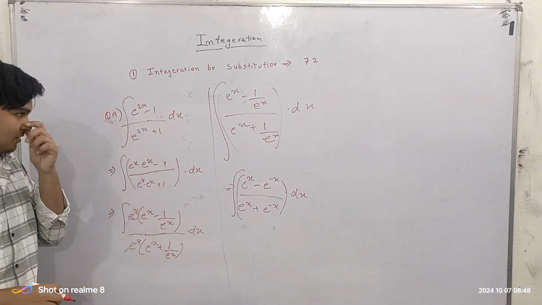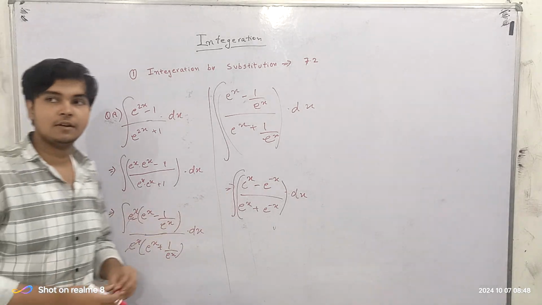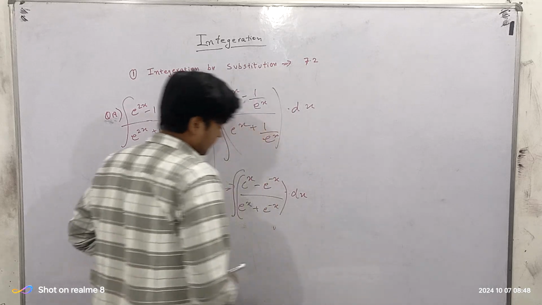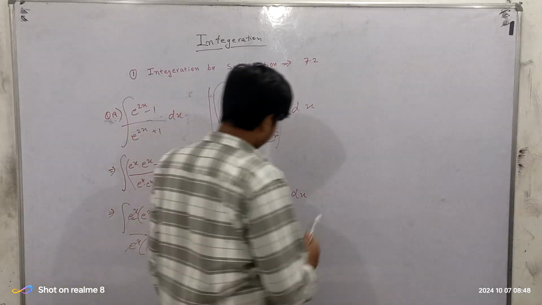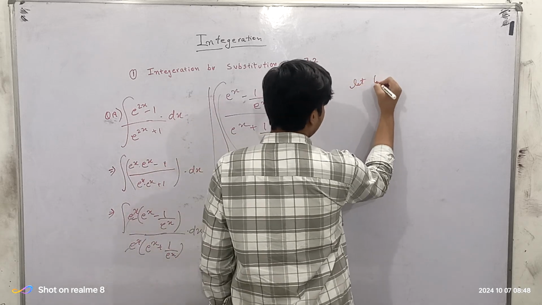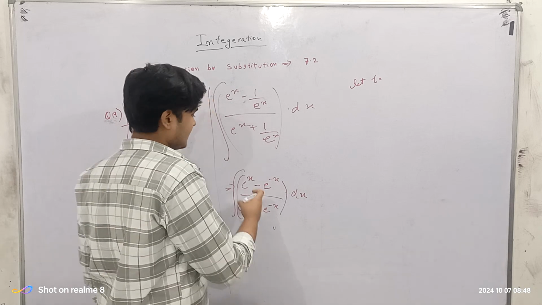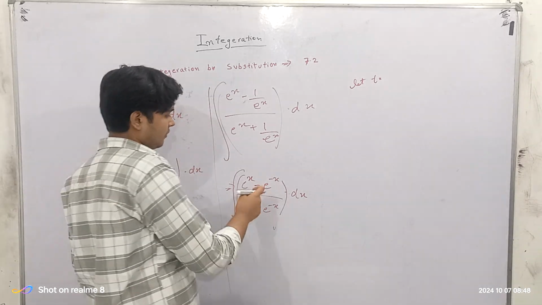See, in this type of important question we have to first solve and simplify the question. Then we will use the substitution method. Now we will substitute. Let t equal to, in this type of question we can take any one as t. If we take this as t, then this value will come.